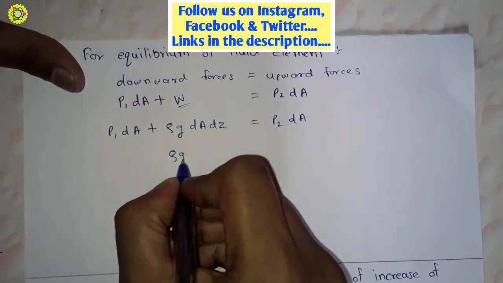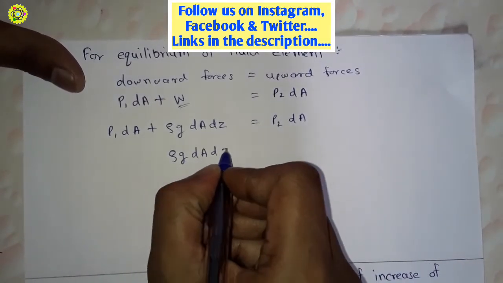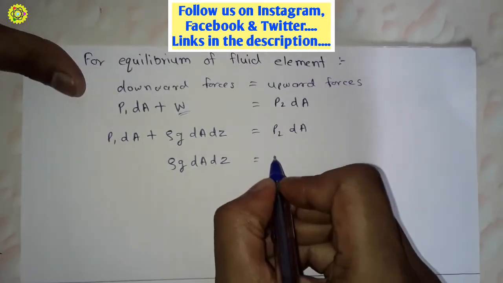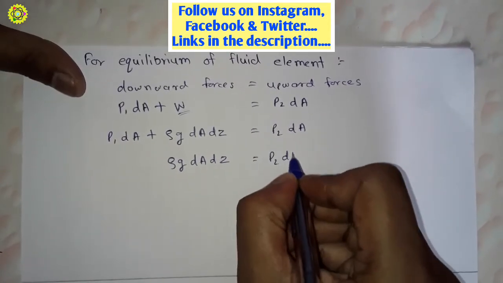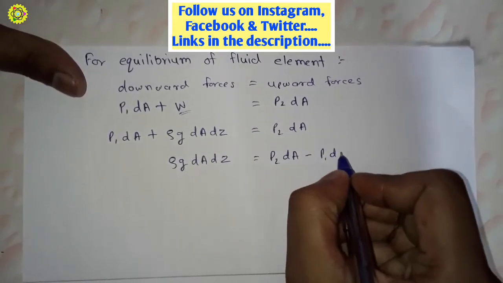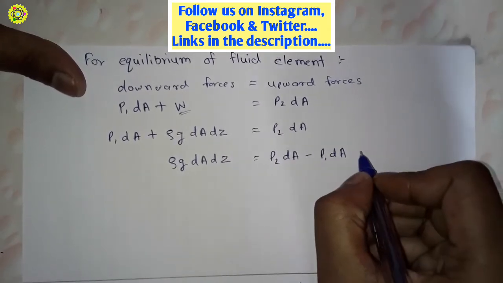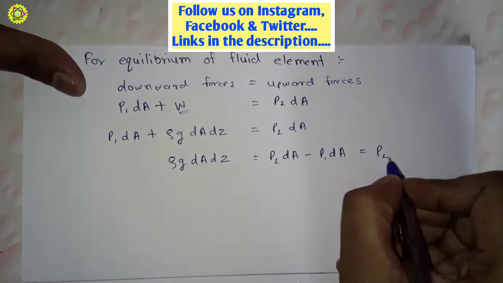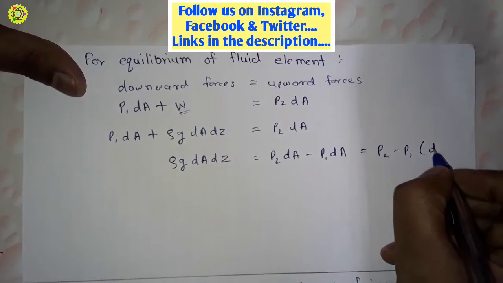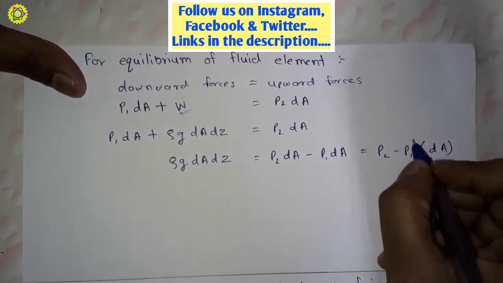So here rho g dA dz is equal to P2 dA minus P1 dA. We can write it down as P2 minus P1 into bracket dA, like this.